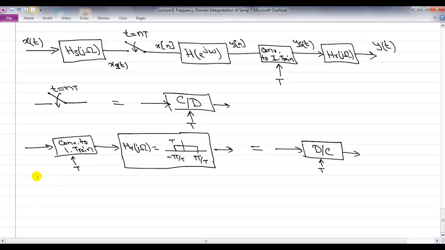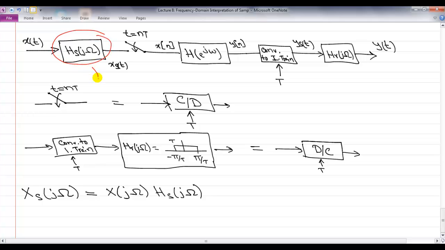So let's look at, first of all, the first block. Let's ask ourselves, what is xs j omega, which is the output of this first block? That is simply old knowledge, input frequencies multiplied by the Fourier transform of my impulse response. So that takes care of up to this block, my output is this.